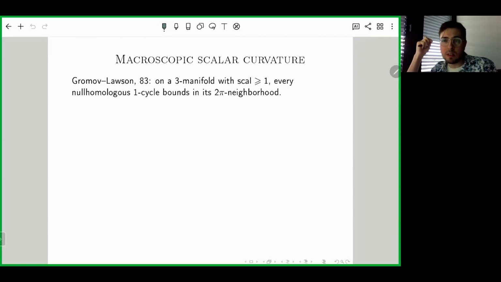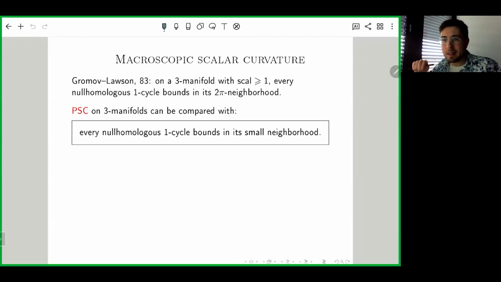So if you start with a one cycle and you know that it can be filled by a surface with boundary, then you shouldn't look for the surface far away from your one cycle. You can just look in a neighborhood of a very explicit, reasonably small size, and you'll find it there.